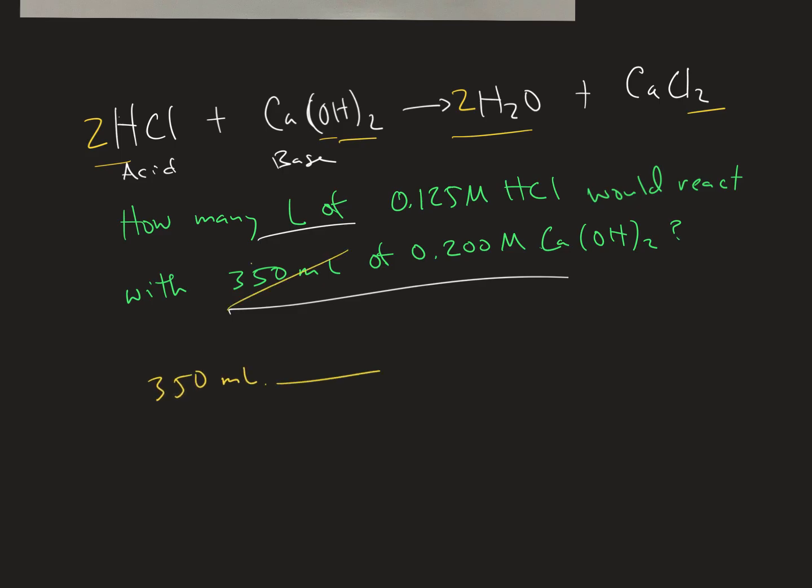Okay, that's done. I'm not going to use that anymore. Remember, molarity can be written as what? Moles per liter. Okay. And it's per liter, so we have to change milliliters into liters. 1,000 milliliters to 1 liter.